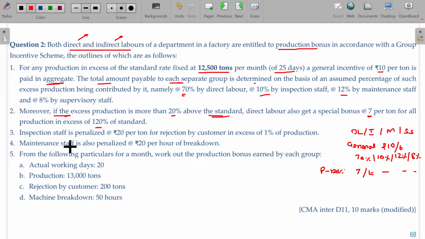And inspection staff is penalized 20 per ton for rejections by the customer in excess of 1% of the production. So here there is a 20 per ton penalty for inspection staff if the rejection is more than 1% of production. It's their duty.